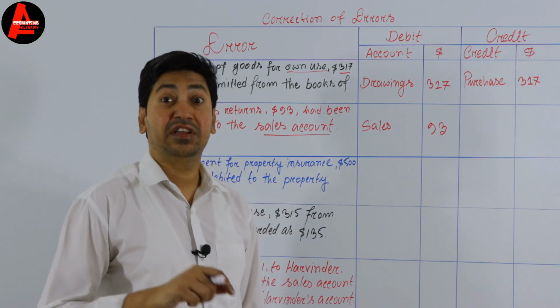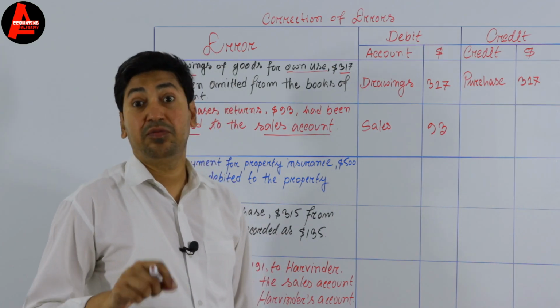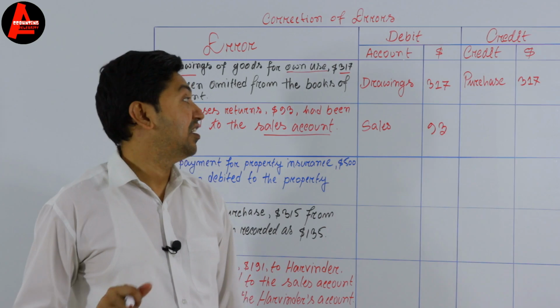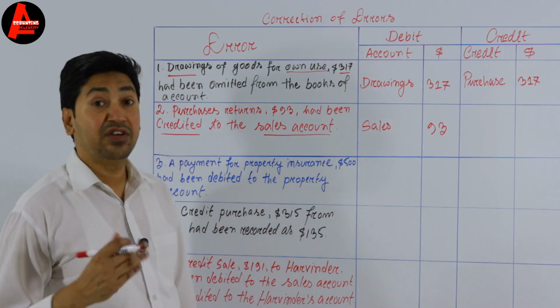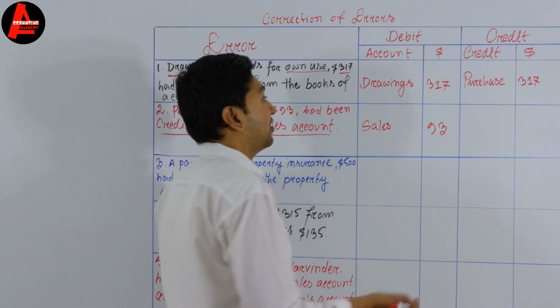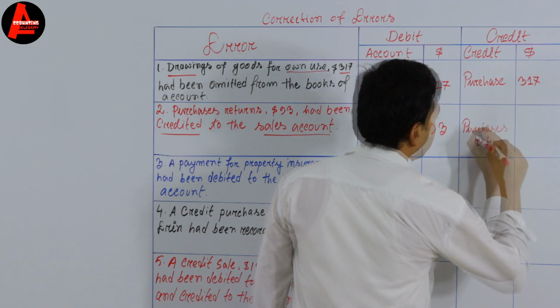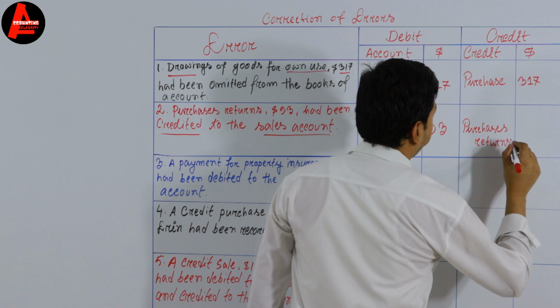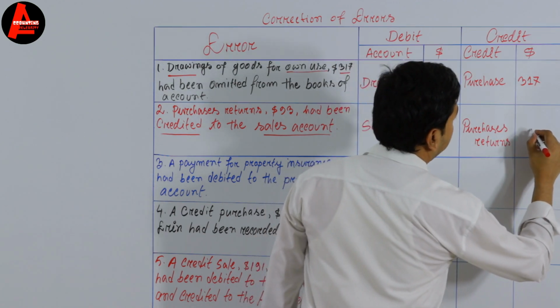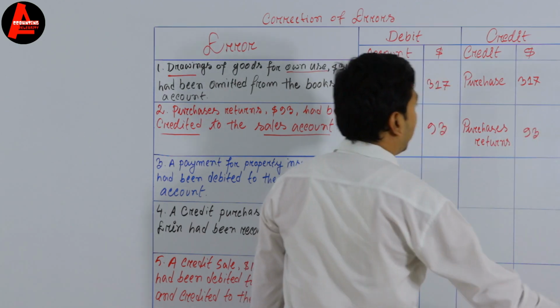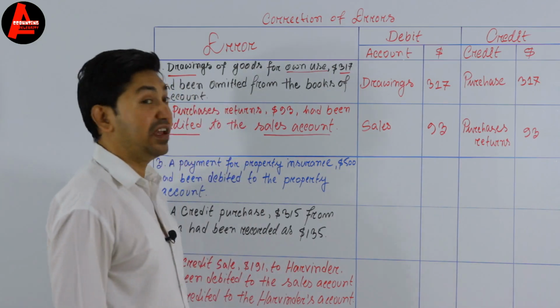When purchase return decreases, purchase returns will be debited. Here it is increasing, so it will be credited. So let us write here purchase returns. The amount is the same, 93. Great, number 2 is done.